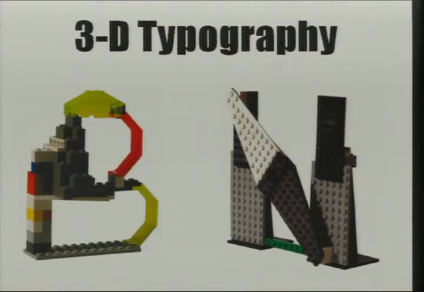I went to the intro to photography thing last night because my pictures need a lot of work. With a 3D typeface, you can take a million different pictures and it can look different ways.